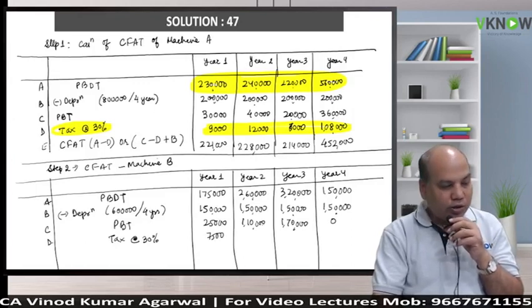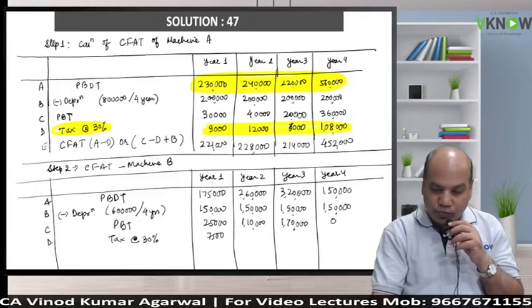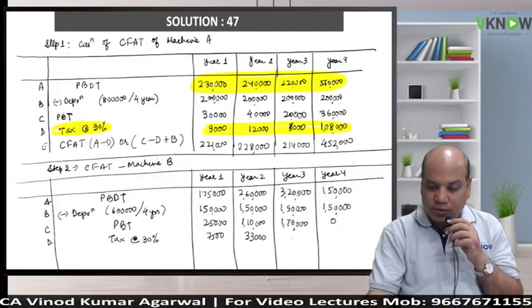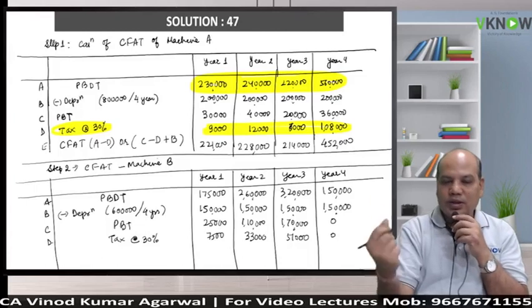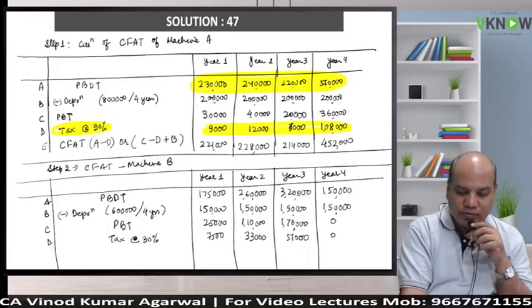Now 1,10,000 into 0.3, that is 33,000. Then next column 51,000. The last column, zero, I can calculate without a calculator.